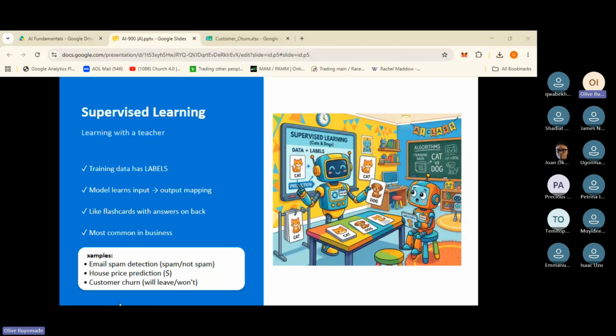This particular learning is most common in business. Some examples are email spam detection. An email comes in: is it spam, is it not spam? The way the machine knows is from what it has learned.